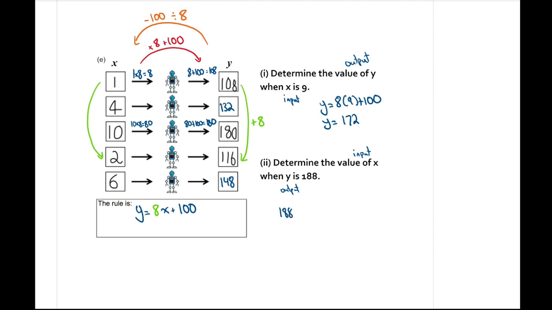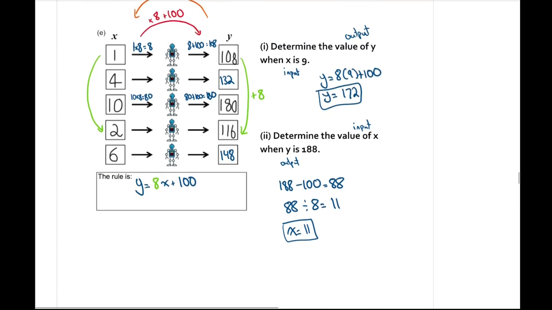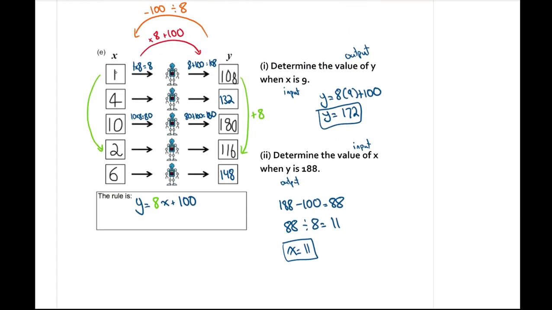So 188 minus 100 equals 88. 88 divided by 8 equals 11. So therefore, x, or my input, equals 11. So again, using the idea of looking at sequential numbers or steps to find what the change is, that change, or that plus 8, is going to tell me what my multiplier is. And then from there, I can figure out what my constant is and then use my rule to find missing values.